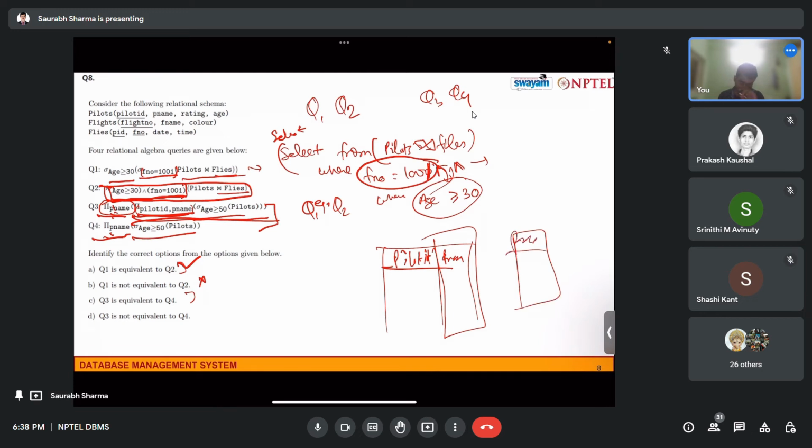Ultimately we will get the same result. So Q3 and Q4 will also be equivalent, so D will also be wrong.